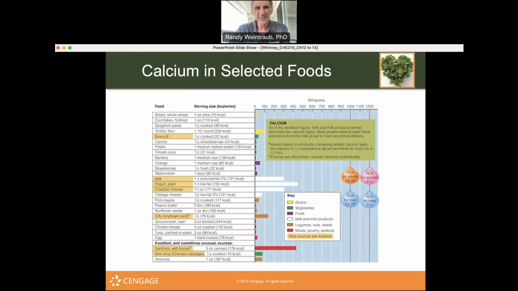And sources in the diet shown here: sardines with the bones, almonds, bok choy, and dairy.